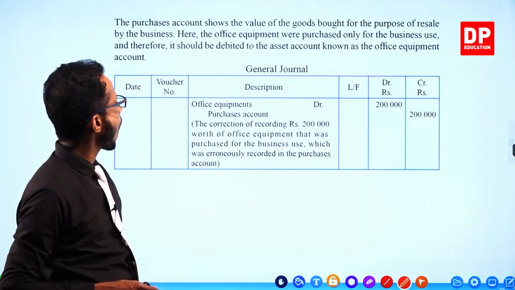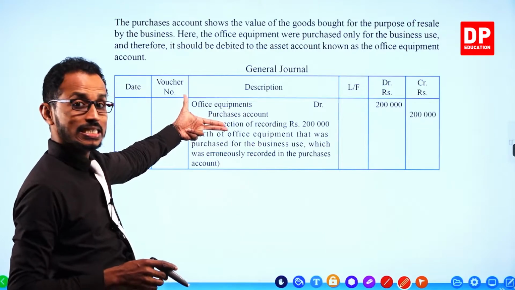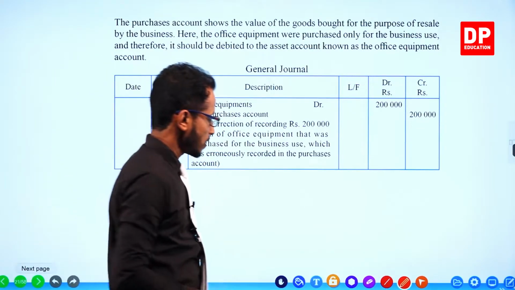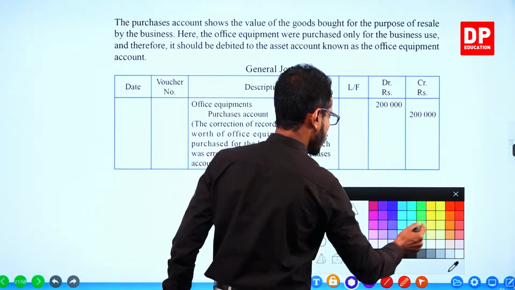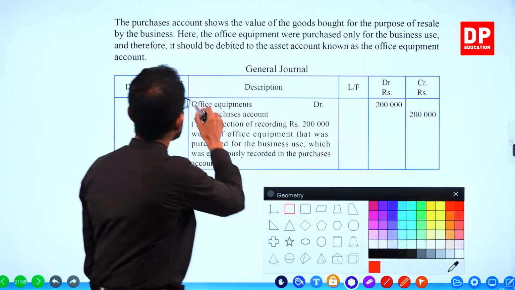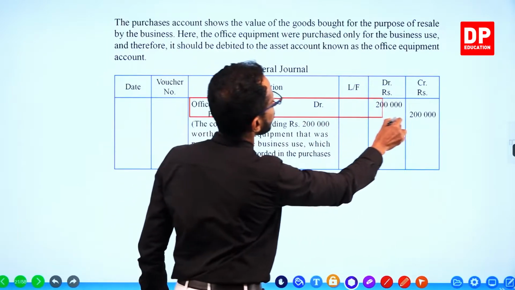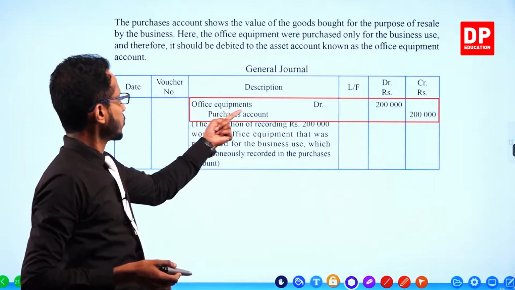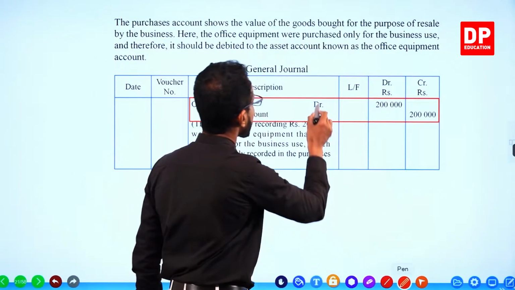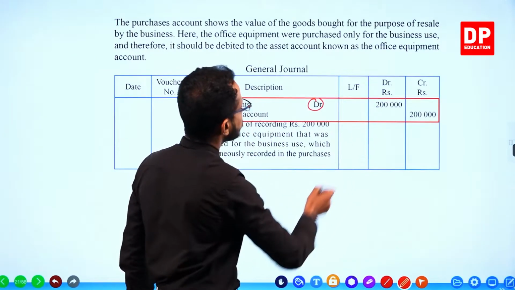There you go. Correct, right? Yep, it's correct. This is the double entry, see? That is the double entry. Office equipments debit 200,000.